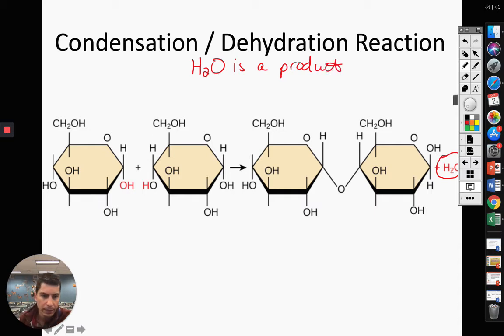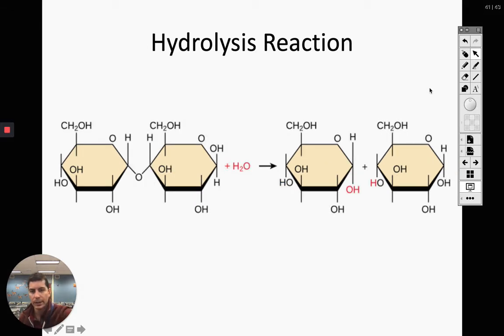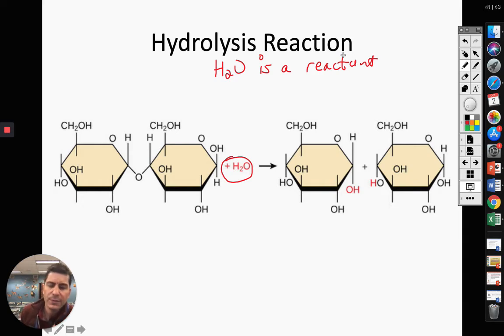Water is a product. That is for condensation and dehydration reactions. Go to the other one, hydrolysis. Water is a reactant. If we do not have water here, guys, for a hydrolysis reaction, it's not going to split apart. We're not going to get our monomers out of it.